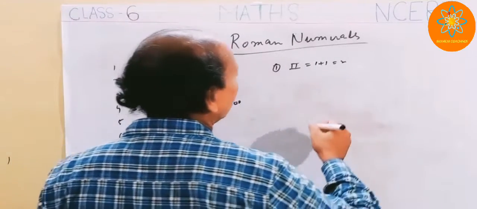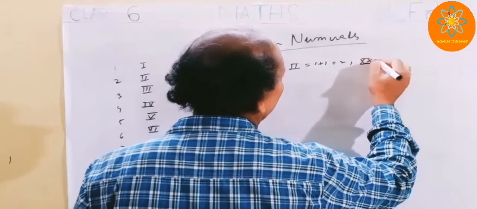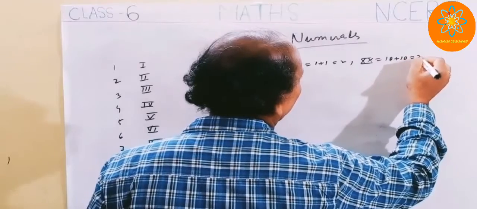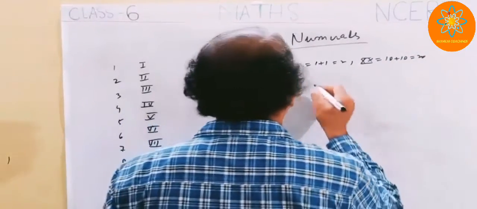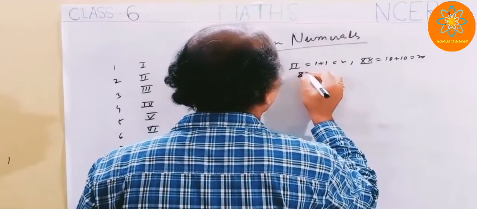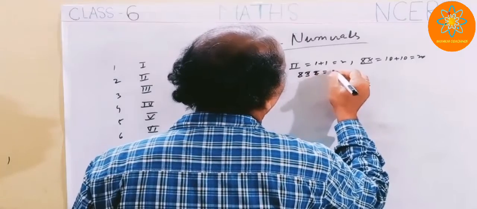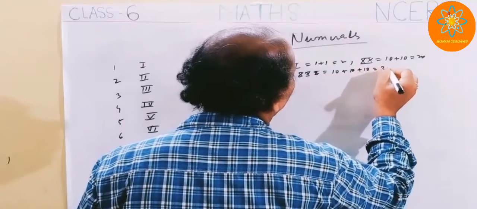Then this is 10 plus 10, that is equal to 20. Similarly, this is 10 plus 10 plus 10, that is 30.